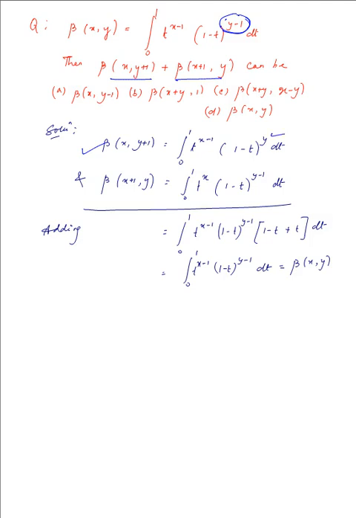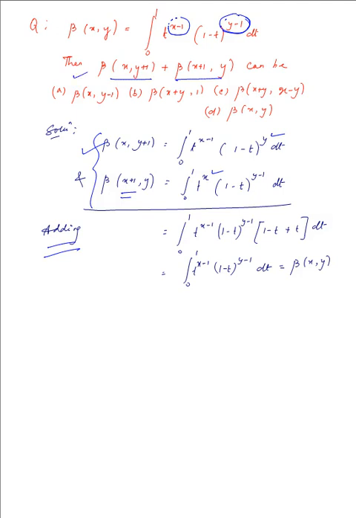And in the next case, if we have beta(x+1, y), so instead of x we put x plus 1, this one becomes t raised to the power x. And so we have the left hand side terms, and we are going to add them up in order to get this.